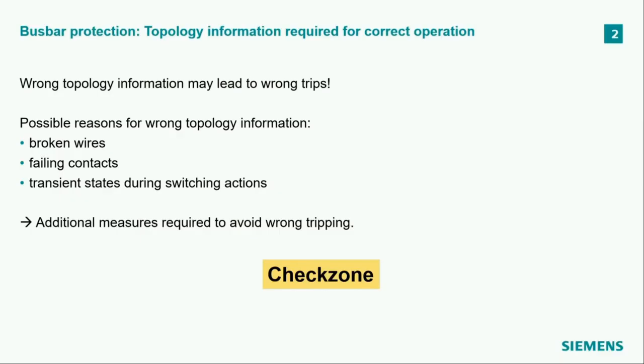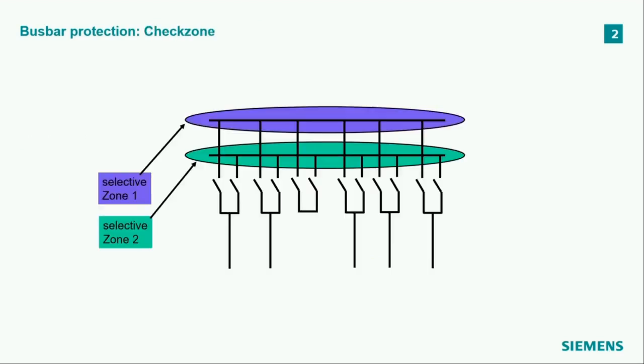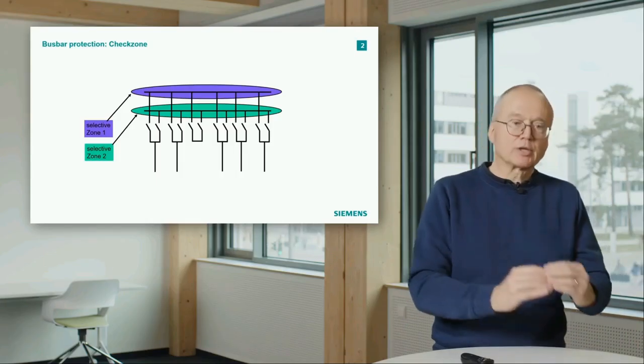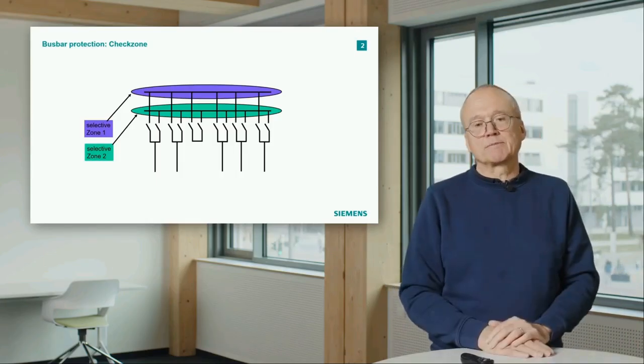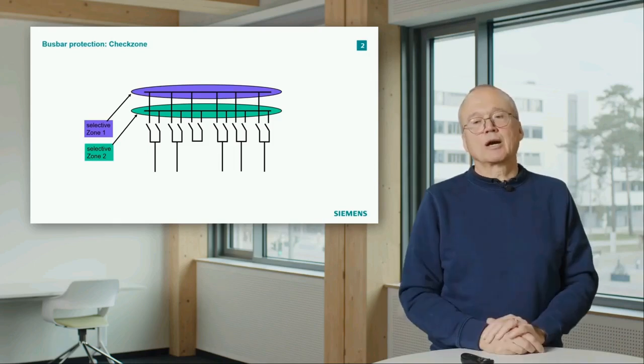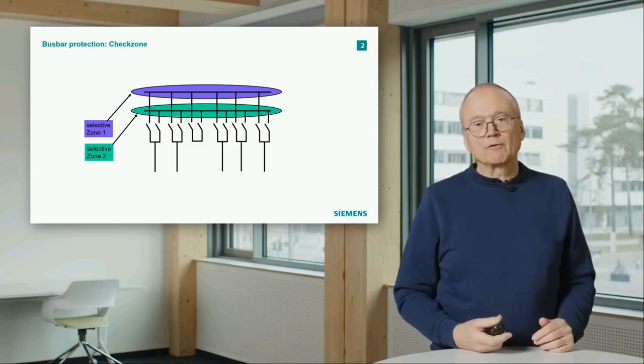One thing which helps us there is the use of a so-called check zone. What is that? I show here again these two busbars, the purple busbar and the green busbar. We set up our equations, differential current and restraint current, separately for the green and for the purple busbar, taking into account the topology information.